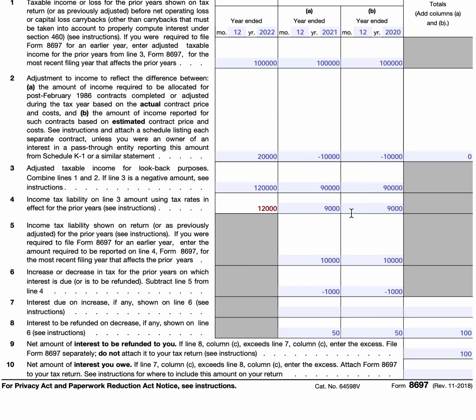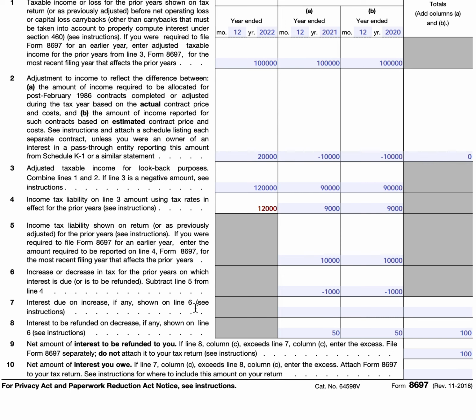So with this 10%, we put in the $10,000 that we had paid in prior tax years, and then in line 6, this represents the net increase or decrease for the prior years. So we subtracted line 5 from line 4, and we get a net decrease in the tax bill for each year. So $1,000 in 2021, $1,000 in 2022.